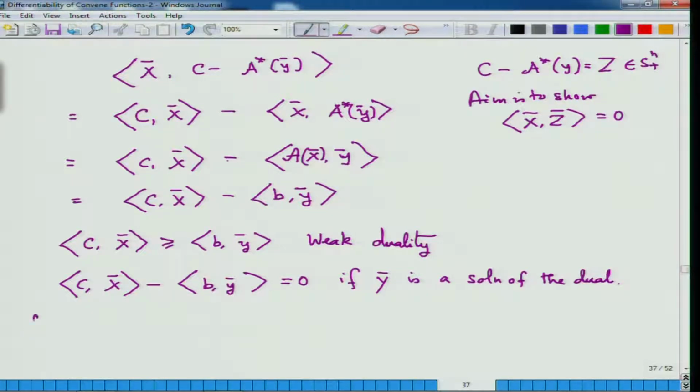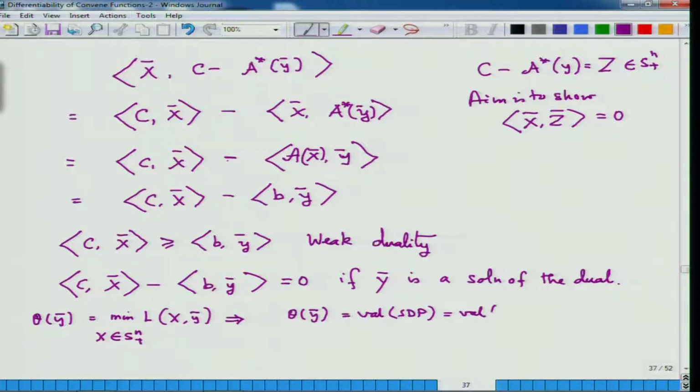Now, if I calculate theta of y bar, which is equal to the minimum of L x y bar, where x is an element of Sn plus, then it implies that theta y bar is nothing but the value of SDP, and that is the same as the value of the dual of SDP.